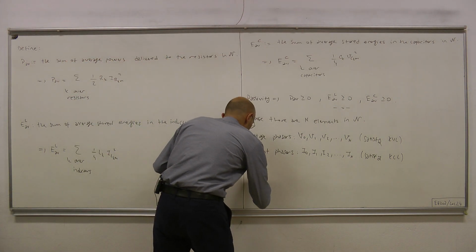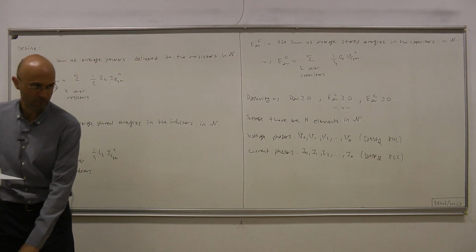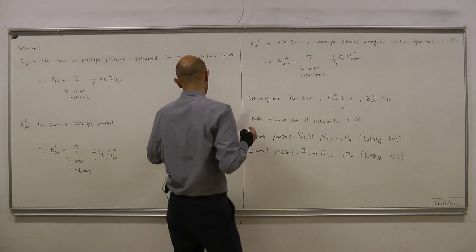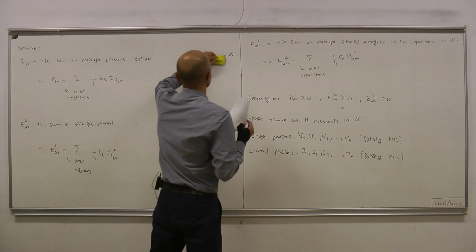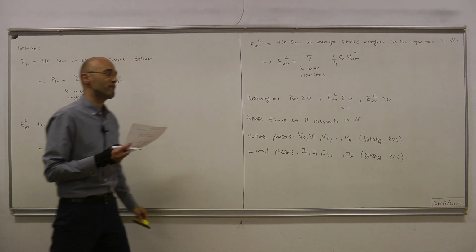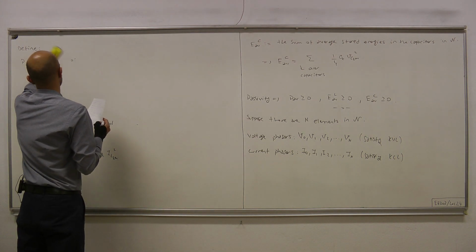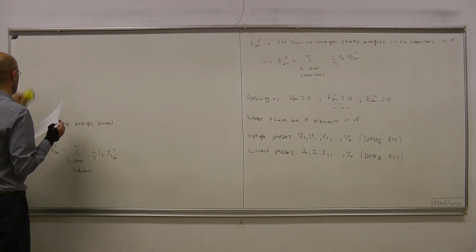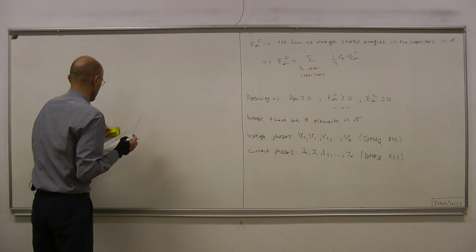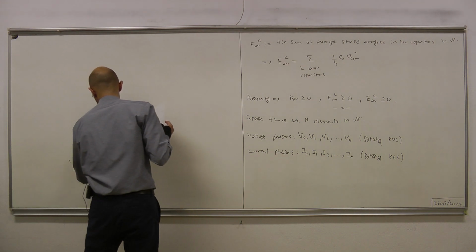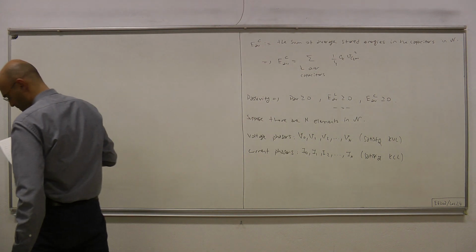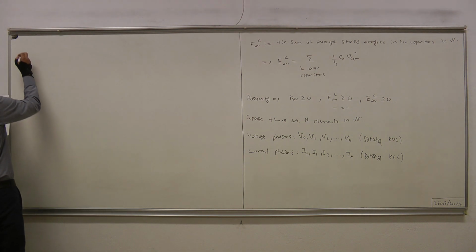And then we have Tellegen's theorem. Because KCL and KVL hold in the phasor domain, Tellegen's theorem also holds for the phasors of voltages and currents. In particular, we can write the following.